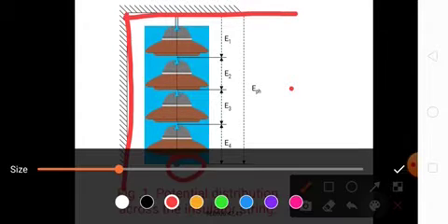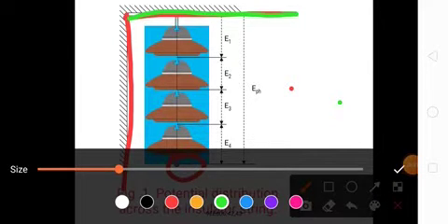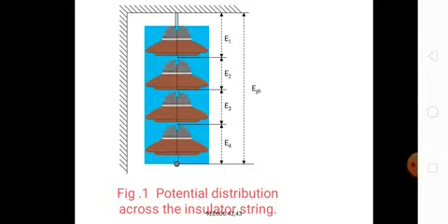The cross arm is in green color, the tower is in red color, and the conductor is in a circle. The capacitance between the metal work of each disc is known as mutual capacitance, and the capacitance of the metal work relative to earth is known as ground capacitance.